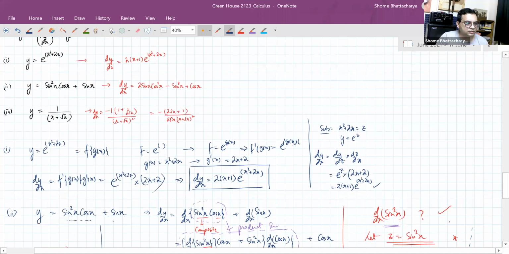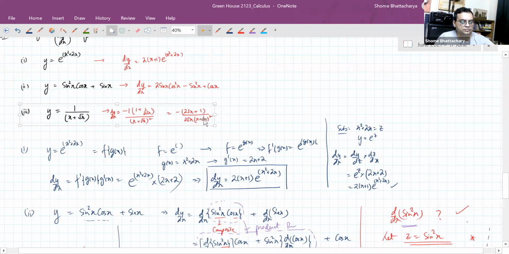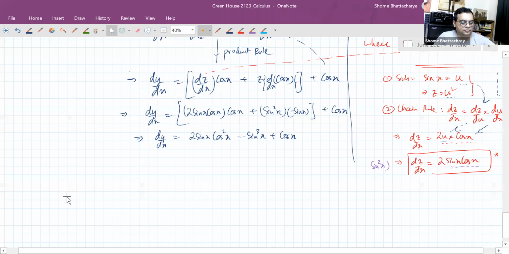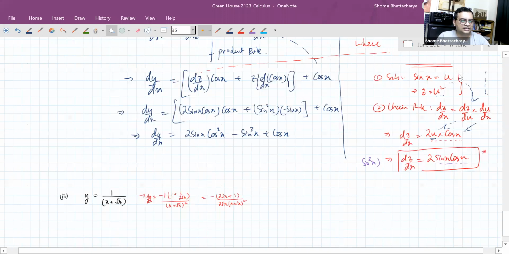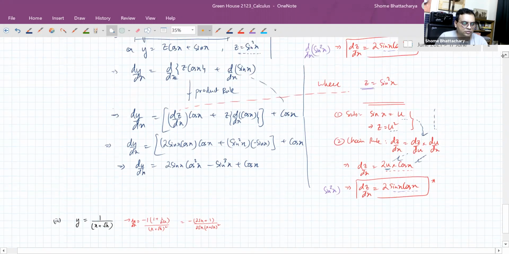With this question, we'll discuss this. So this is again not such a difficult question, just that you have to patiently use the chain rule.